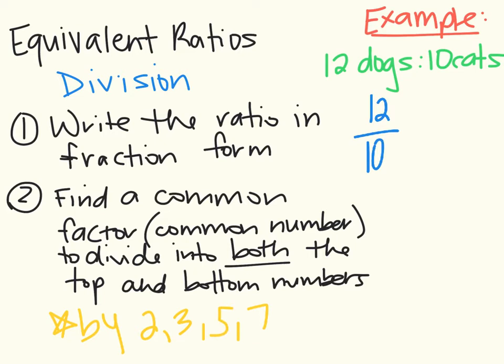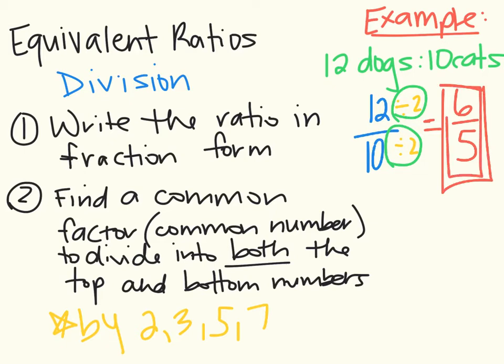Can 12 be divided by 2? Yes. Can 10 be divided by 2? Yes. So I'm going to go ahead and divide by 2 on the top and the bottom. Notice I'm doing the same thing to both numbers. 12 divided by 2 is 6. 10 divided by 2 is 5. Here's an equivalent ratio because I'm dividing by 2. So 12/10 is equal to 6/5.